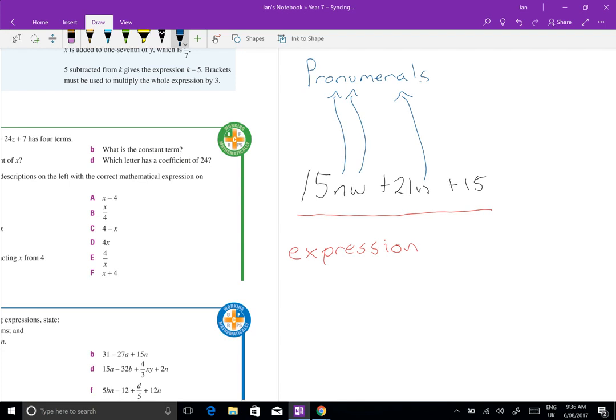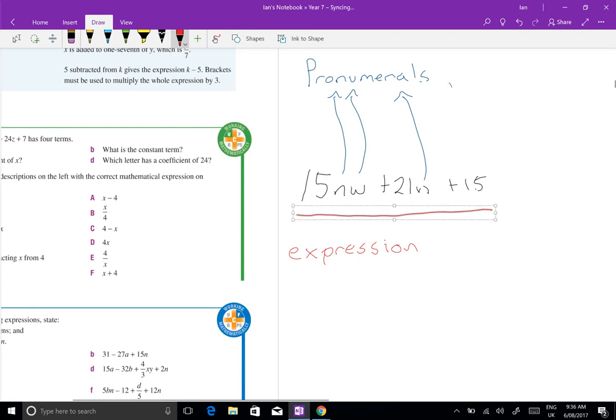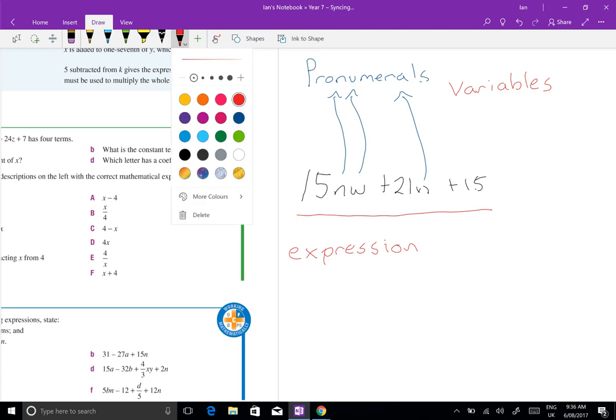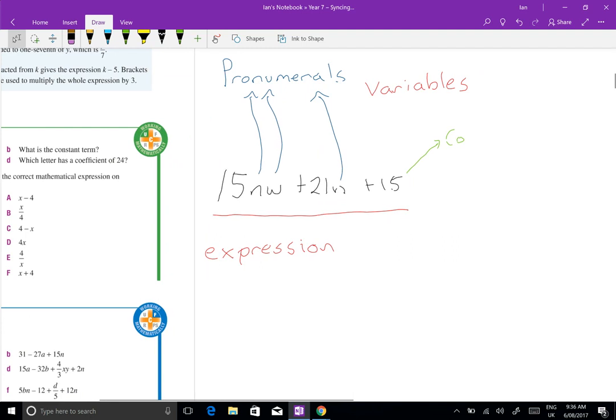They are numbers that we don't know, and they are variables. They vary. Now also in this expression, we have a constant. And our constant doesn't vary. It's a set number, and it's this value at the back. In this expression, the constant is 15.